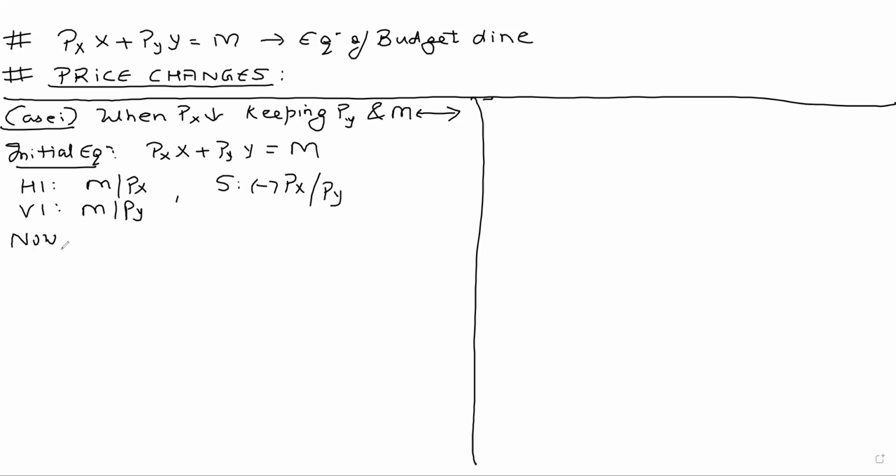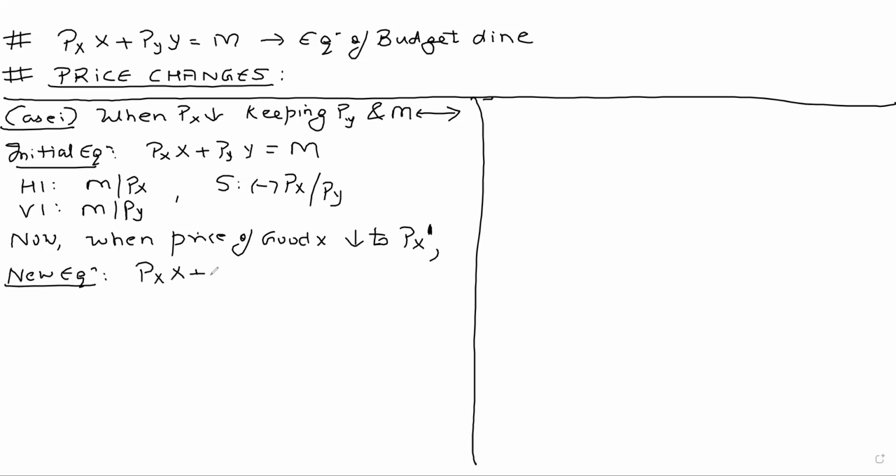Now, when price of good x falls to px dash, our new equation will be px dash times x plus py times y equal to m.